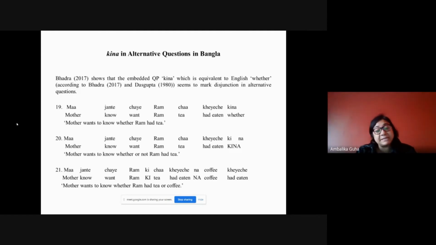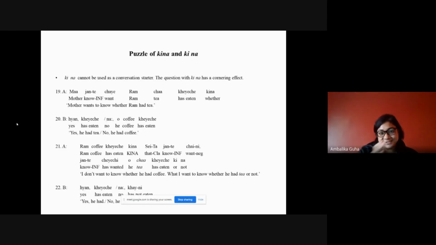But 21 is an embedded alternative question where she argues that ki has moved from its base position to the position after the subject, to mark the scope for disjunction. Now, in this case, I think we have some problem. Okay, I'll just discuss the problem here.